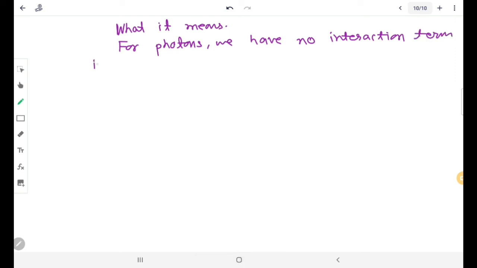So we know for photon we have no interaction term. That means the photons do not affect each other.